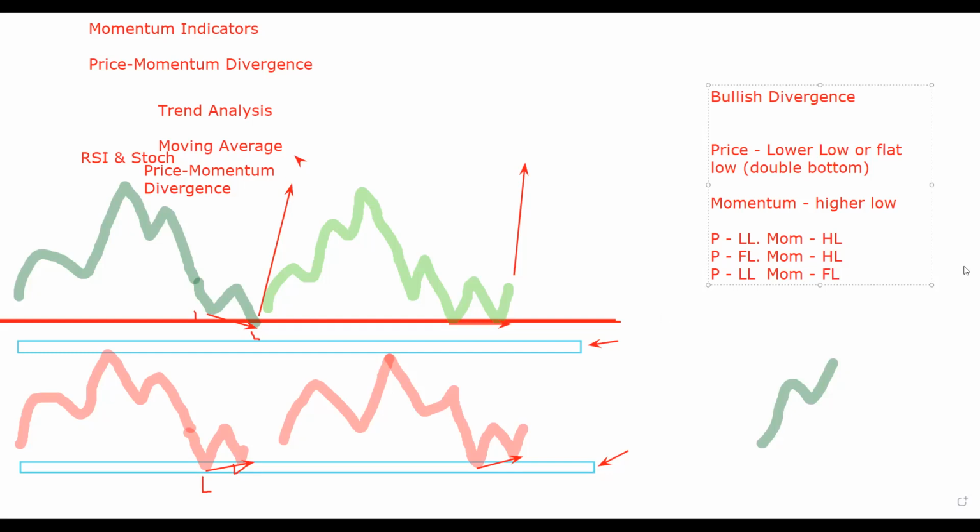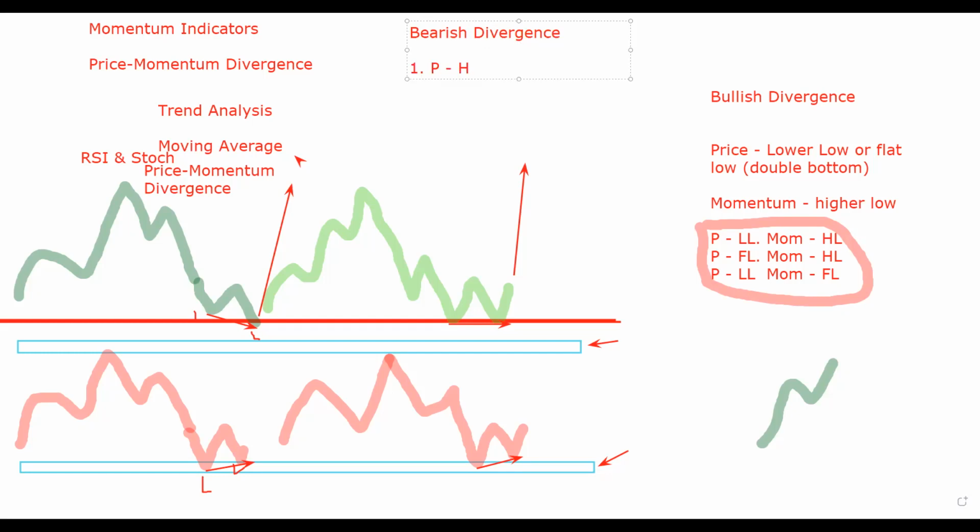So what we're saying is, just like the example that we saw earlier, price is making a lower low like this, and the momentum is now flat. All right. So these are the different varieties of a bullish divergence. And for a bearish divergence, so please take note of all these things. For a bearish divergence, you could have price making a what?